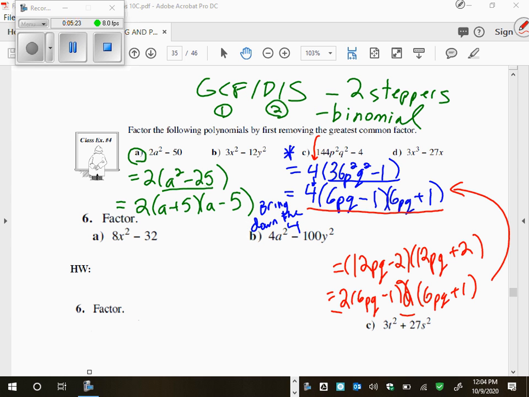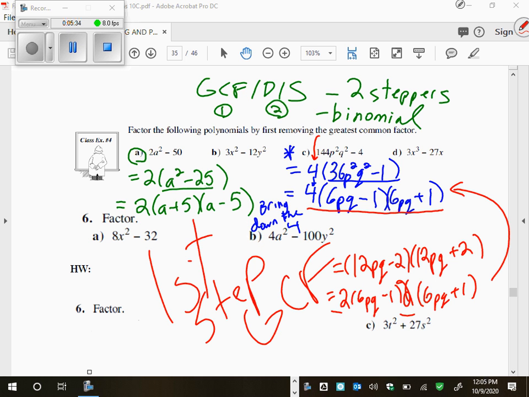But it's rare. So always remember the first step to any factor question on your whole test is to see if you can take a GCF out. That's going to save you these marks. Yes. Full marks. 2 out of 2 instead of 1 out of 2.